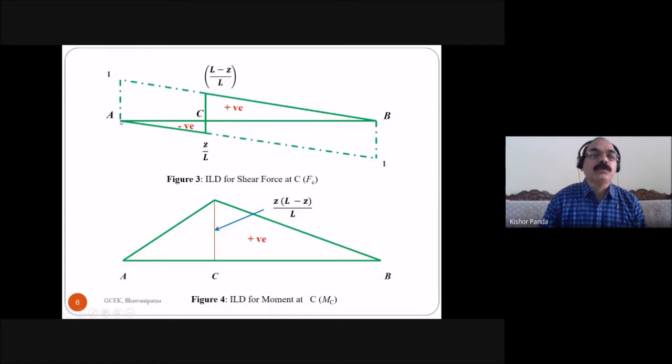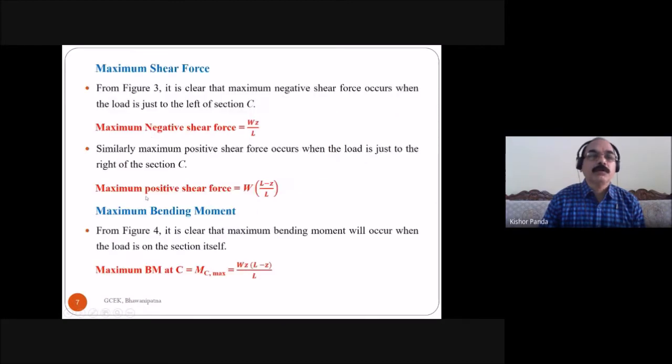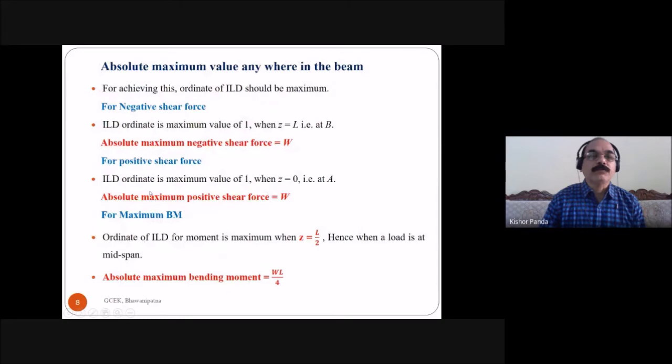When Z is equal to 0, that is at A, you will get the absolute maximum positive shear force. The absolute maximum positive shear force is equal to W.